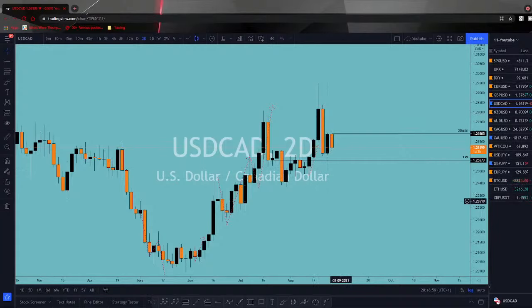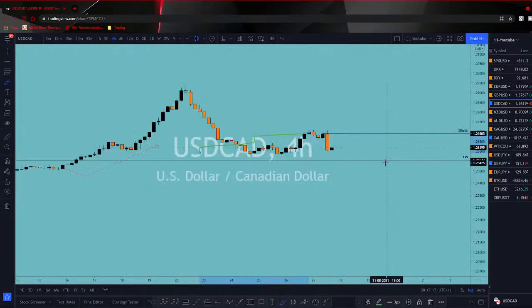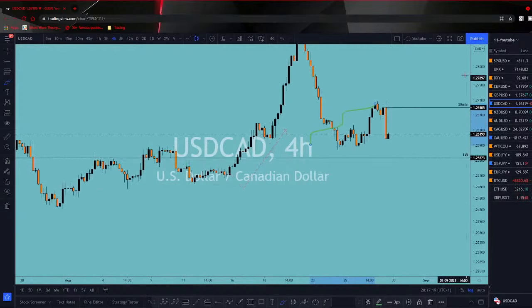So what we have here is a nice sell on the 2-day candle chart, and we're looking for a pullback towards these areas as indicated. During the week, what we received is the following.